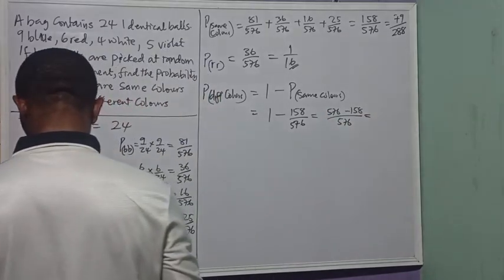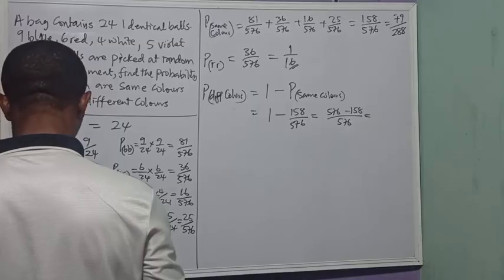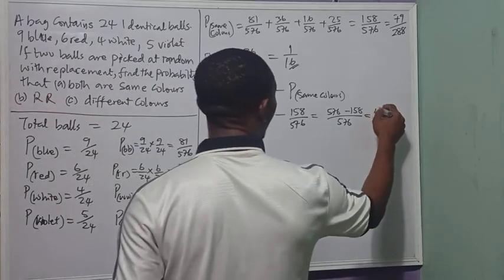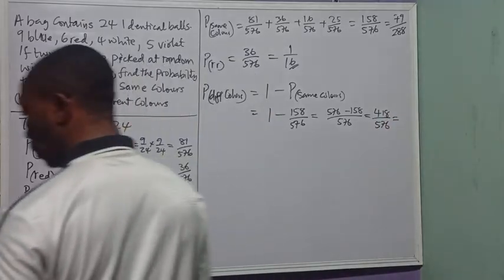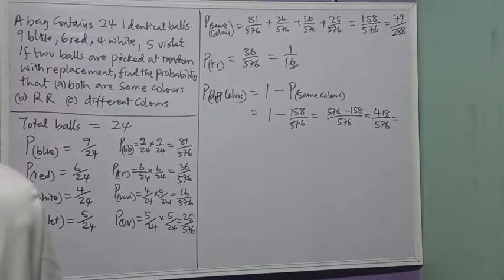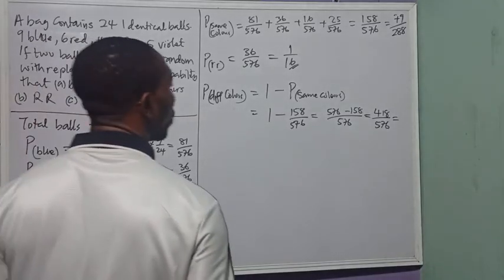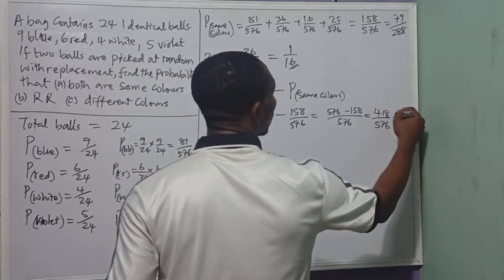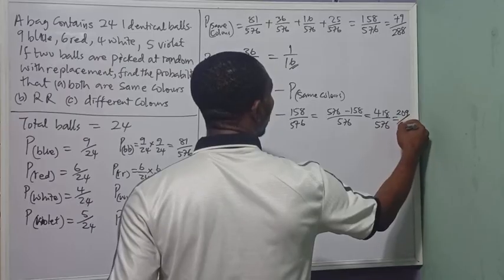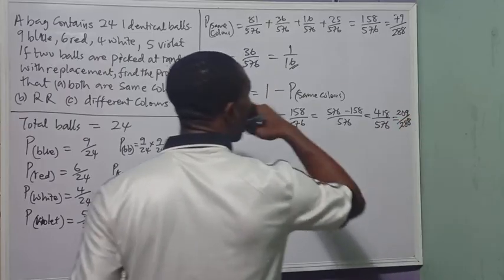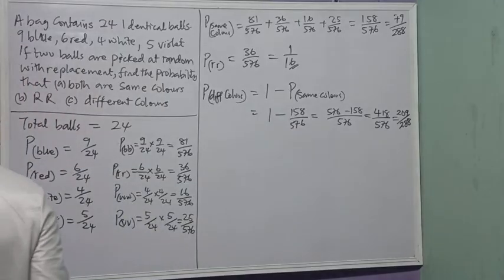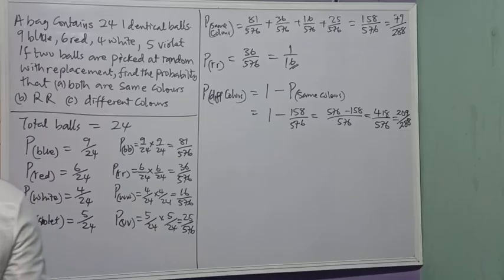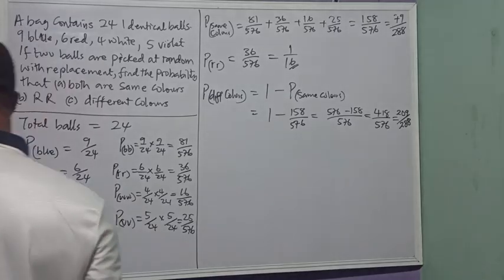Okay, so 576 minus 158 gives us 418/576, which when broken down, we have it as 209/288. So that would be the probability that they are of different colors.